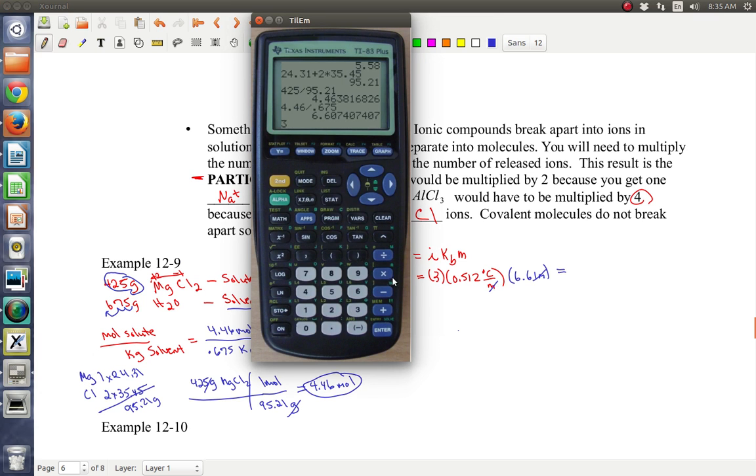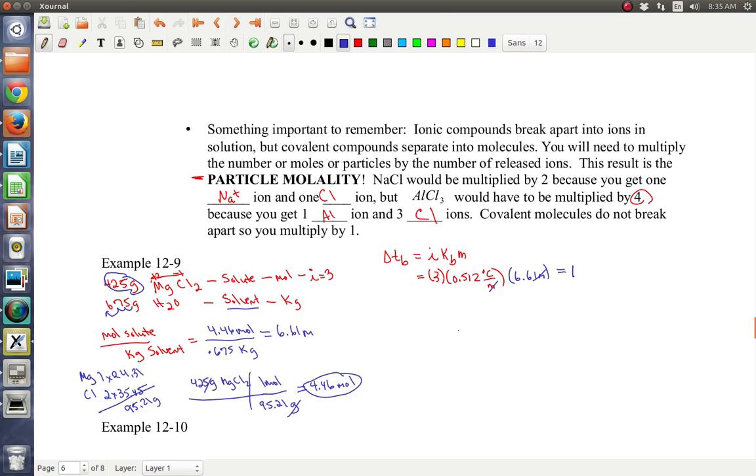So 3 times 0.512 times 6.61, and that's 10.2, because 10.15, but again, 3 significant figures, so 10.2 degrees Celsius. That is the change in the boiling point.